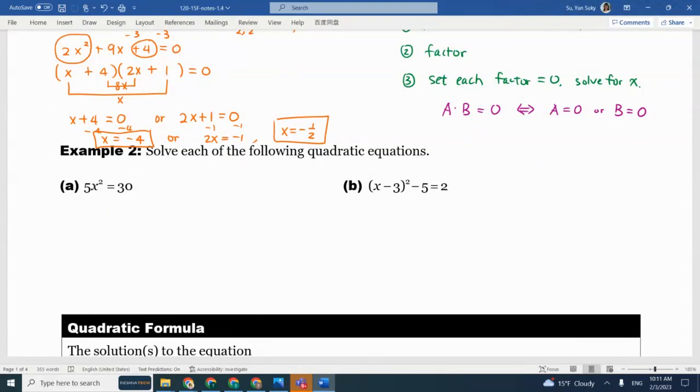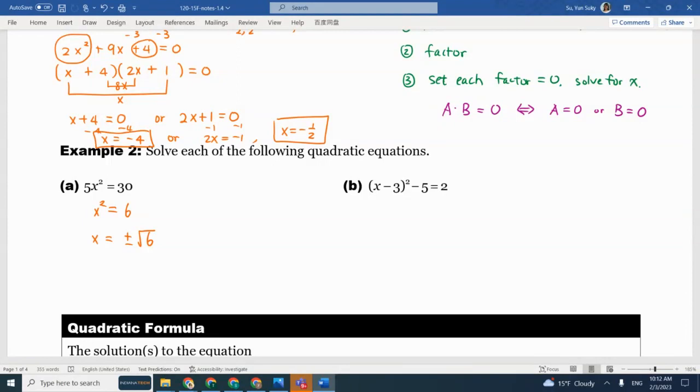So we have x squared equals, what is 30 divided by 5? 6. And then we take the square root on both sides. We get plus or minus square root of 6.